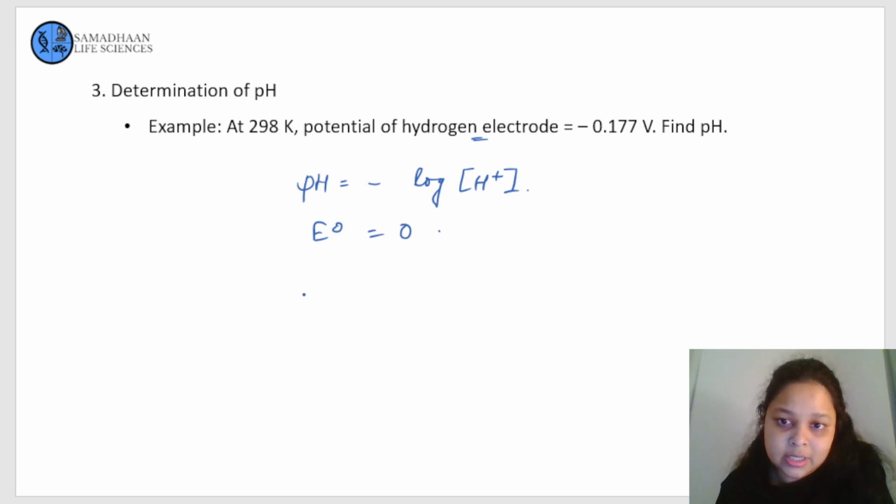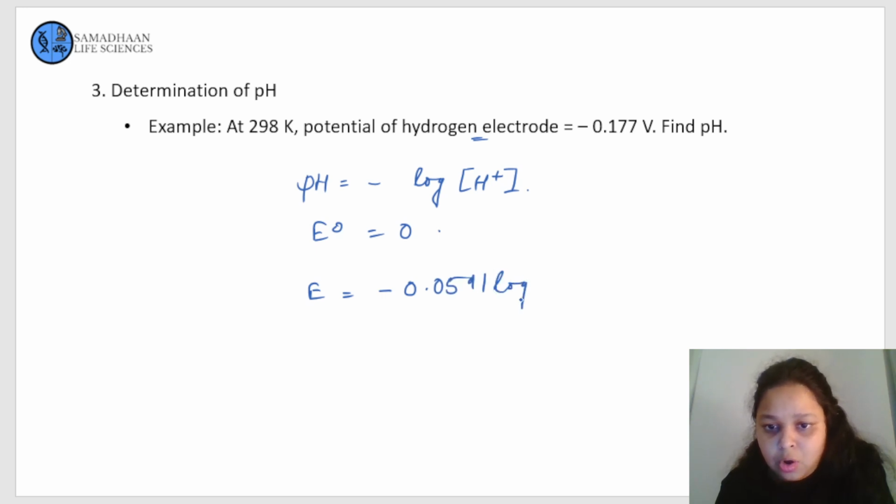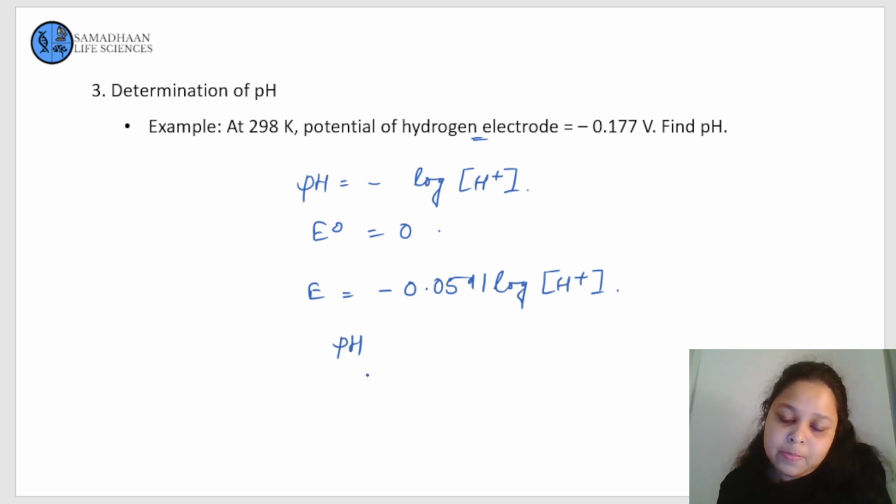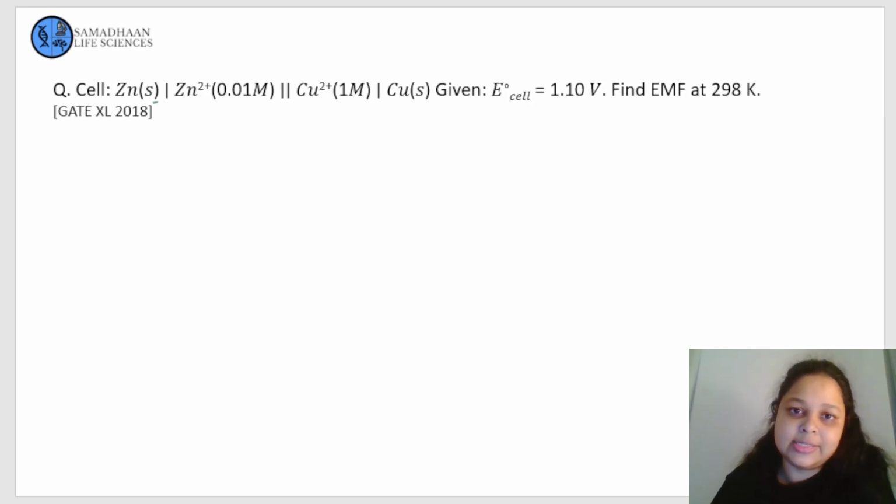So we will write E is equal to minus 0.0591 log H+, and here pH will come around 3. So this E will come as 0.177 volt.